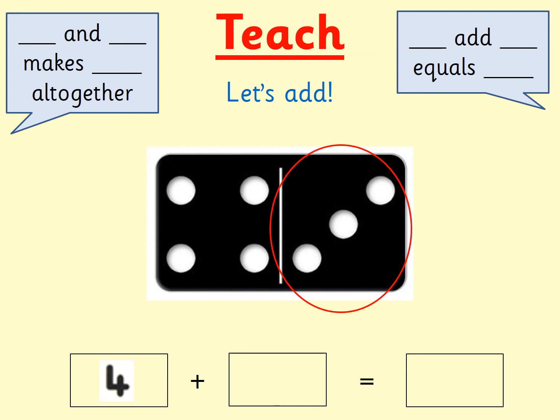Now let's count how many dots there are on this side of my domino. How many dots are there, boys and girls? There are 3. 1, 2, 3.